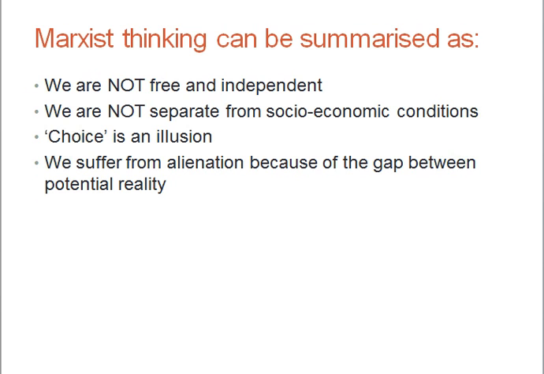We're not free and independent. Choice is an illusion. And we suffer alienation because of this gap between potential and reality. So you could do a little bit more research on that, and there are some websites that I will try and give you at the end of this session.